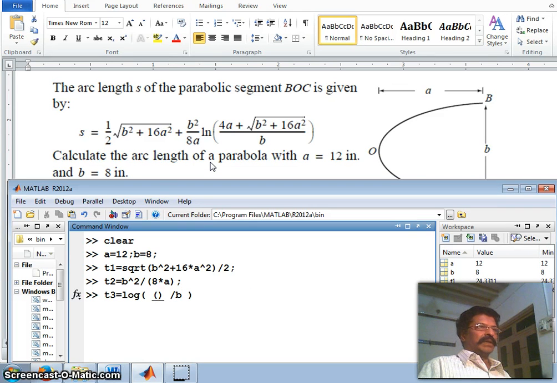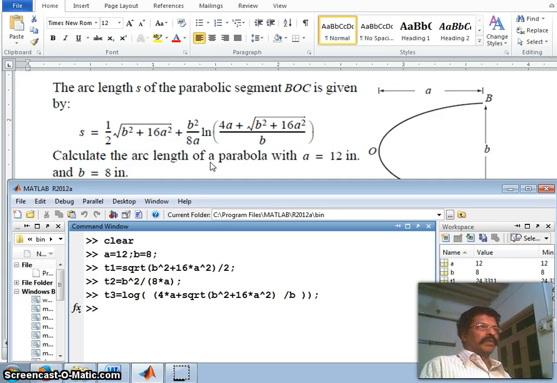The numerator contains 4 multiplied by A plus square root of B power 2 plus 16 multiplied by A power 2. Alright, so if I move this, yes, the bracket corresponds. I have to put one more bracket for the log.